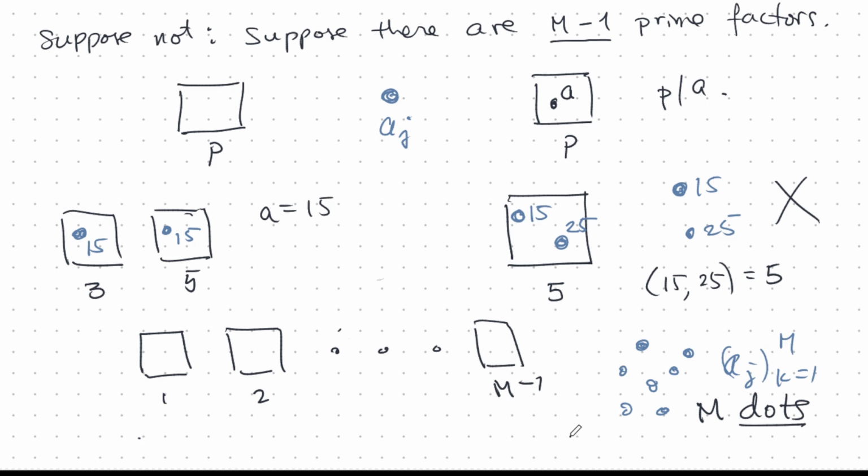And sometimes I can put the same pigeon into two different boxes. So there's no way to do this. I fill up at least m-1 boxes, but then there's one left over. So sooner or later, I have to have another pigeon in the same box, and that's not allowed. So this is a contradiction. Okay, great. So I need to have at least m prime factors in that sequence.